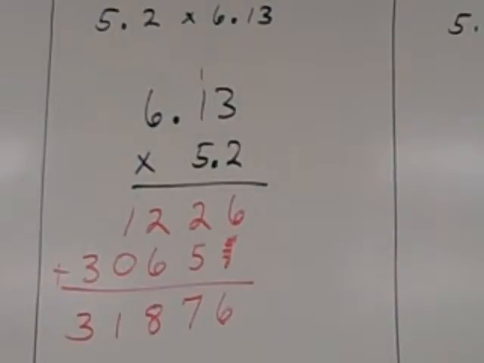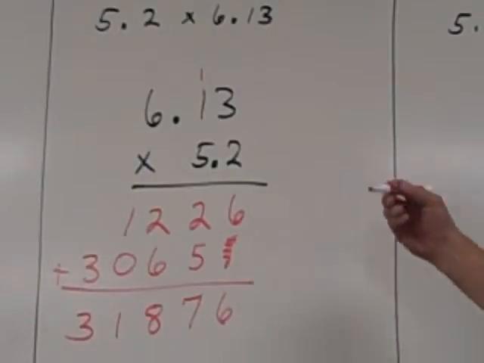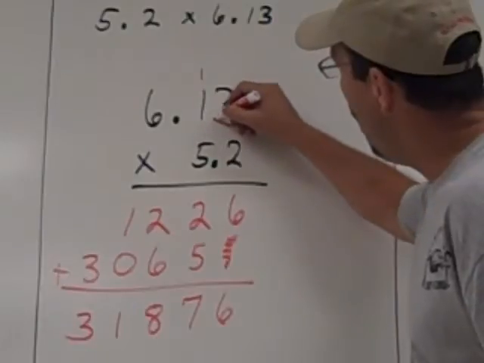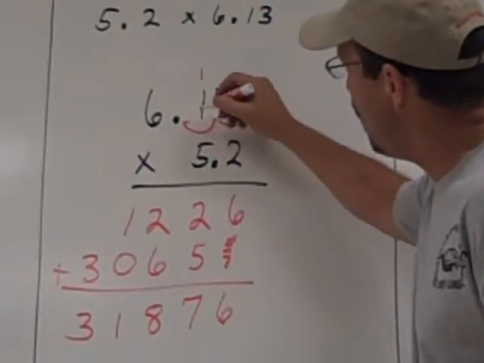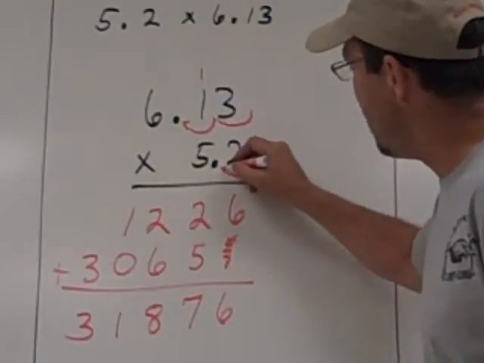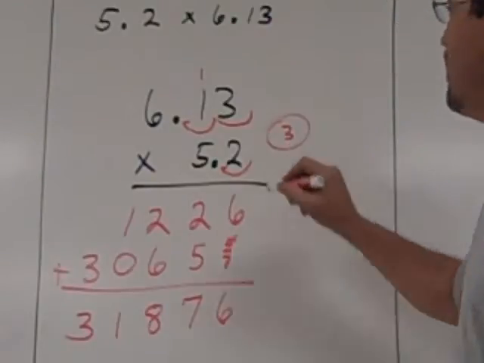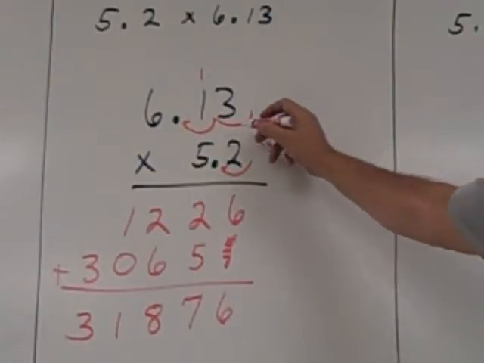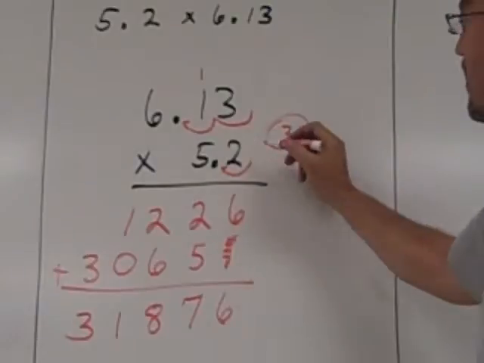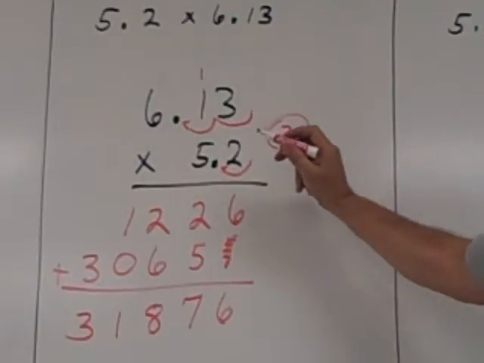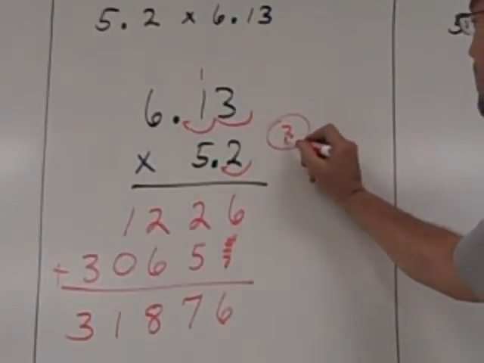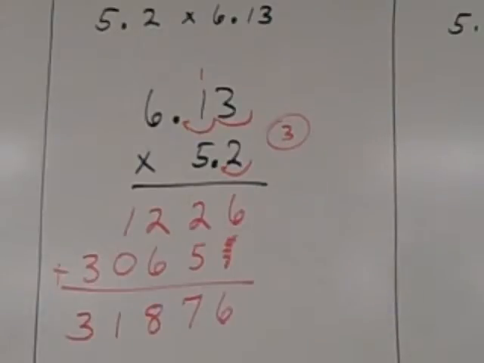Now step 2, let's count all the place values up in the problem. Notice I have 1, 2, and another one down there makes a total of 3. 2 place values in the top number, 1 place value in the bottom number gives us a total of 3 place values.